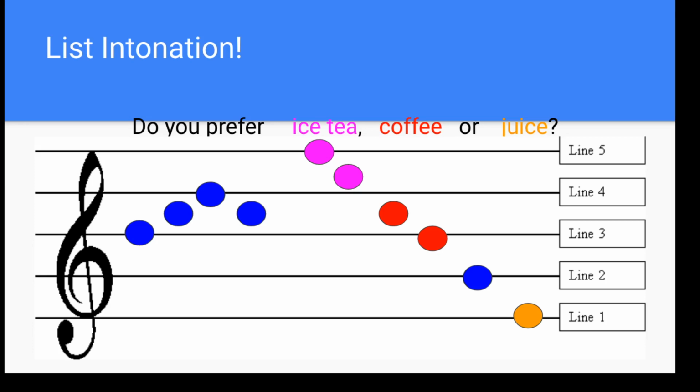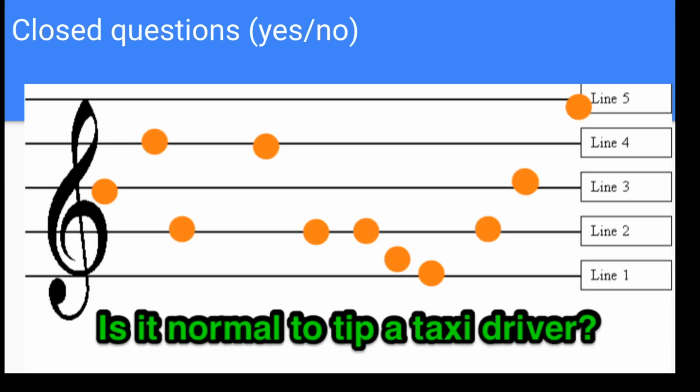So another intonation pattern that we can look at is something called closed questions. Like yes, no questions or good, bad questions. So questions that have a very limited answer. So it's yes or no, it's up or down. Again, I found this by analyzing actual native speaker speech.